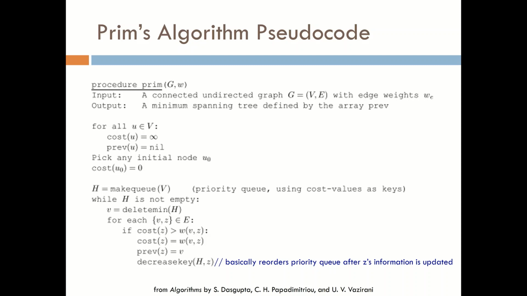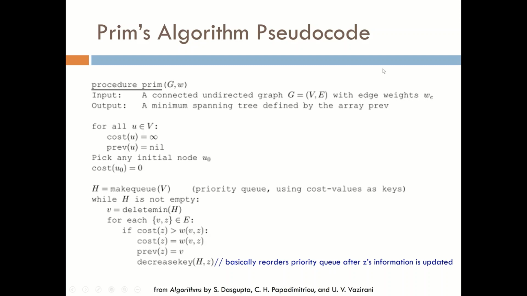So what we mean there is that unlike Dijkstra, this is not an accumulated cost. This is just the cost of the edge between the vertex called V and its other endpoint, which is called Z. And so if Z can either become part of the tree through V, or if its cost can be reduced by connecting to the tree through V, then we make that update.